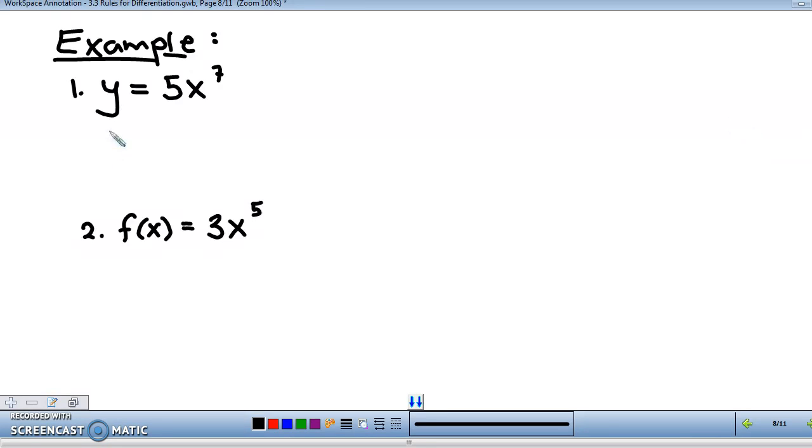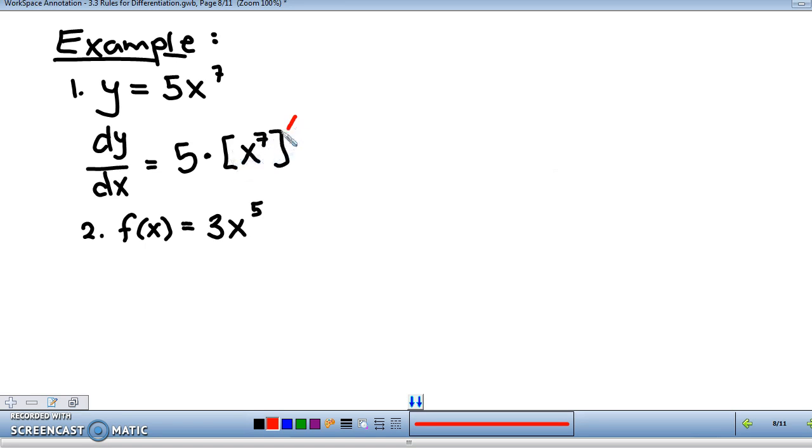So to find the derivative of y equals 5 times x to the 7, we just get dy over dx is equal to 5 times the derivative of x to the 7. Remember that prime means derivative, okay?